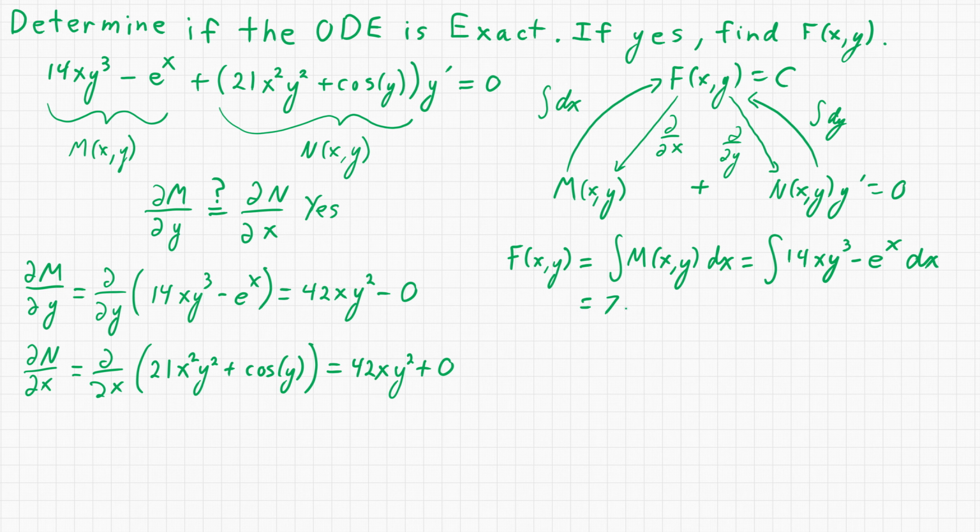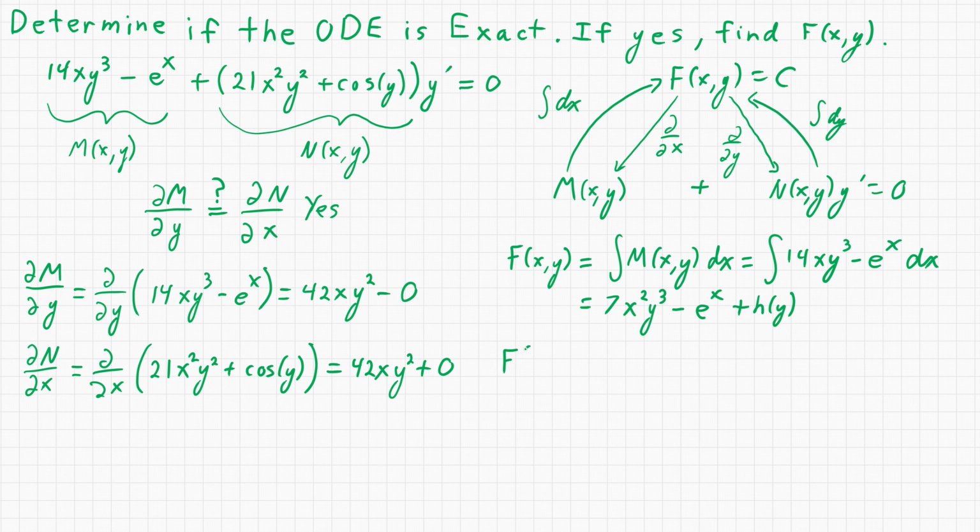The x will turn into x squared, and then y cubed stays the same. And the minus e to the x stays just minus e to the x. The antiderivative of e to the x is e to the x. But keep in mind that the constant of integration here could include constants, but also y's. So we have this unknown function, h of y, that we might have to get to agree with this other path here, going from N to f.